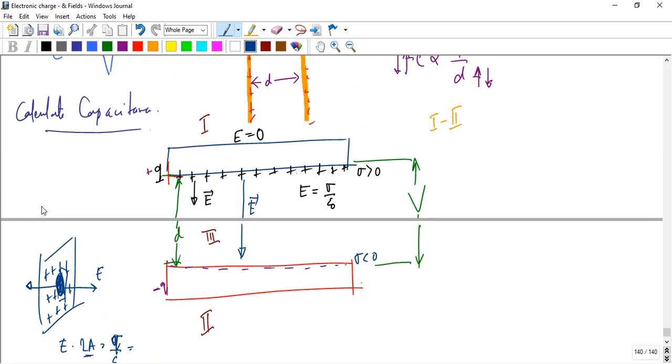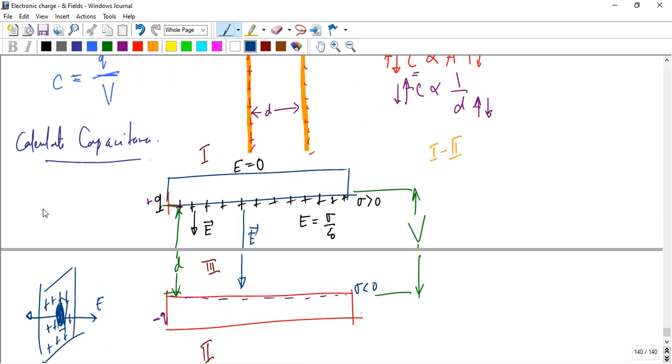So here we see that if the electric field is 0, both cancel each other.